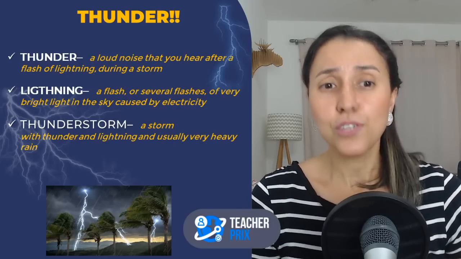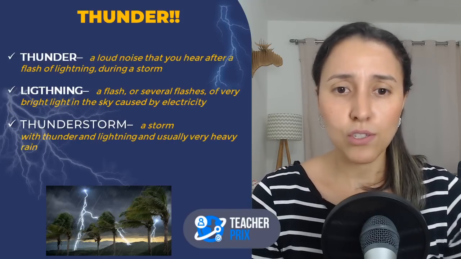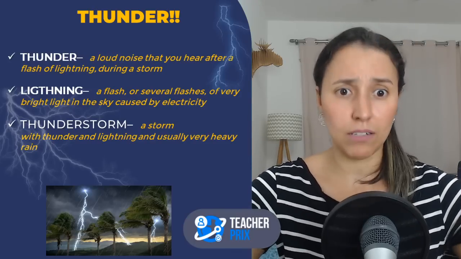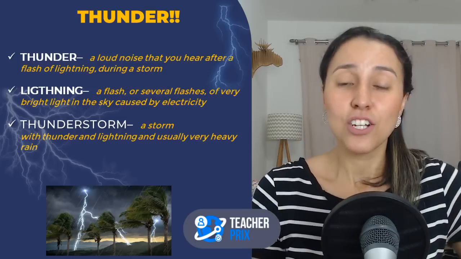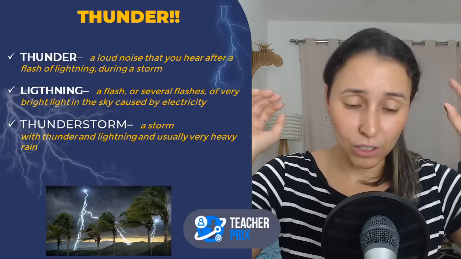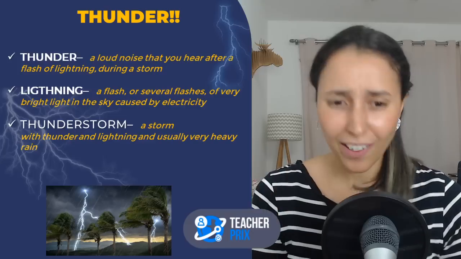Thunderstorm. That's usually what we get when we have the thunder and the lightning. It's usually a storm with a lot of rain, heavy, heavy rain, okay? It pours rain. And together with the rain, there's a lot of lightning. There are lots of thunder and lightning, so it's usually all night long. It's awful.